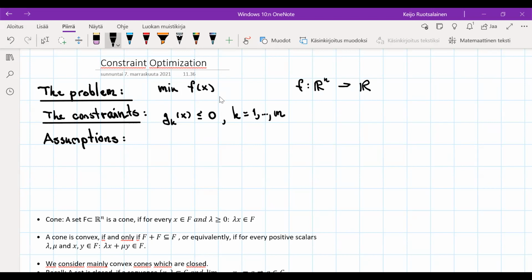And also the functions gk are functions from Rn to R. Maybe in some applications, the domain of definition of these functions is smaller. But in principle, we start that these functions are defined everywhere.